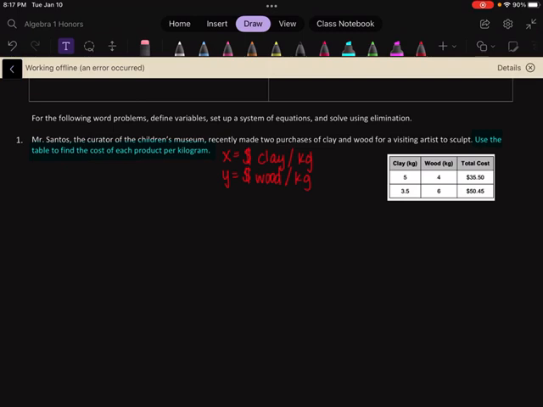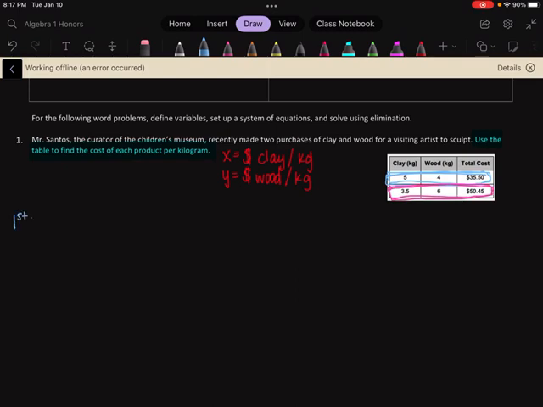Now we're going to set up the system. So it looks like he's got 1 visit. This is 1 visit. And this is a 2nd visit. And if you notice, on this section specifically, we've had everything in standard form. So we're going to make 2 standard form equations. So we're going to do the first visit first.